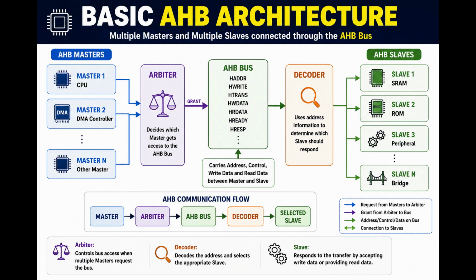Then a decoder uses the address to determine which slave should respond to the transfer. The selected slave then either accepts write data or provides the read data back to the master. So the basic flow is master, arbiter, AHB bus, decoder, which selects the slave. In short, the arbiter controls which master can use the bus, while the decoder determines which slave should respond.